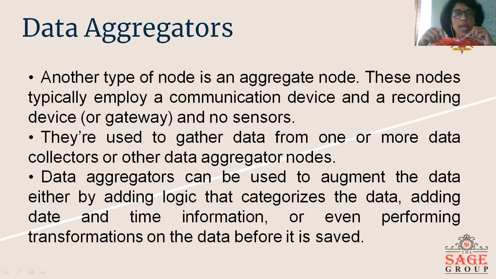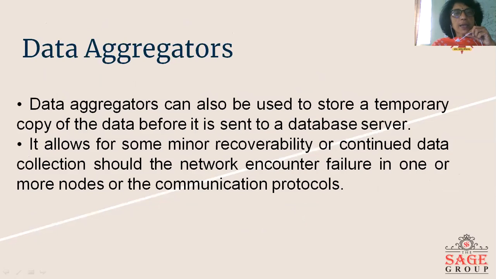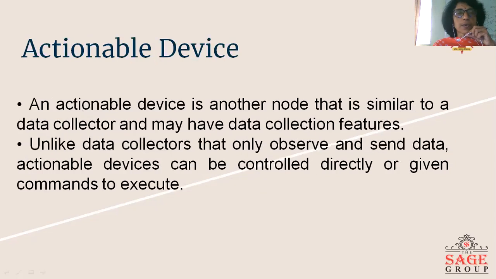Data aggregators can be used to augment the data, either by adding logic that categorizes the data, adding date and time information, or even performing transformation on the data before it is saved. Data aggregators can also be used to store a temporary copy of the data before it is sent to a database server. It allows for some minor recoverability or continued data collection should the network encounter a failure in one or more nodes or the communication protocol.